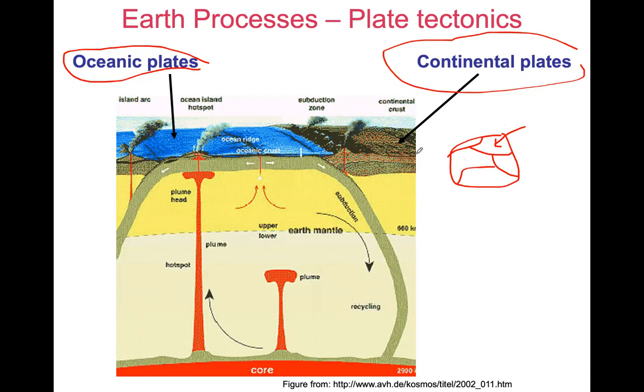So this lithospheric part makes all these plates, either continental or oceanic. When the fragmentation is oceanic, we call them oceanic plates. When the continental part is fragmented, we call it continental plates.